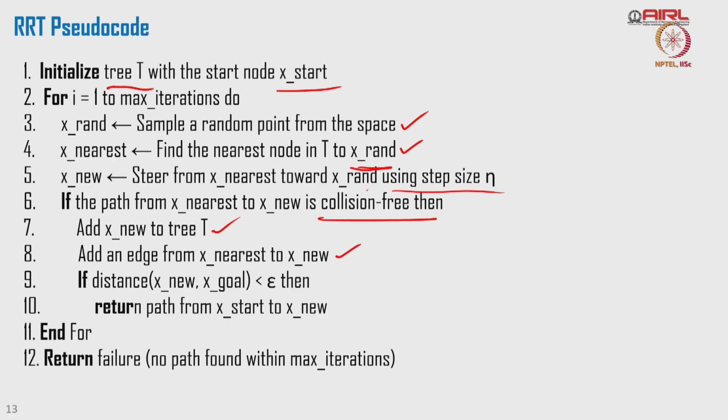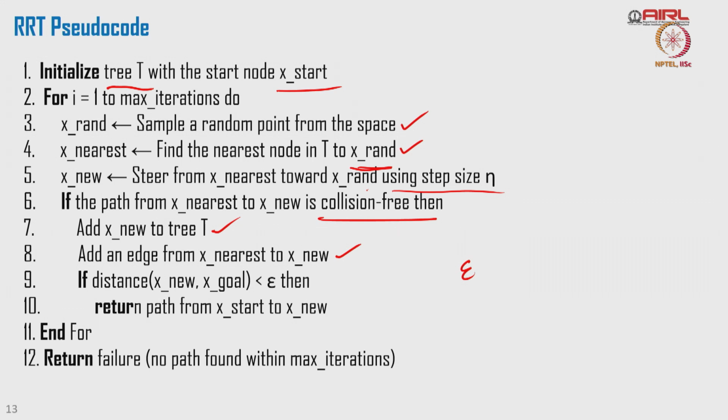Now, there is a criterion for goal checking, because at the end, when the vehicle, say the drone, is exploring the environment, finally it should reach the goal to complete the entire mission. So, after that it is checked whether this new point is very near to the goal or not. We check it like this, where epsilon is a very small value.